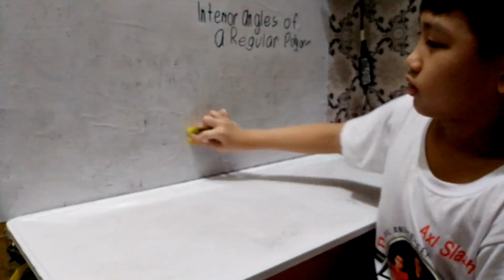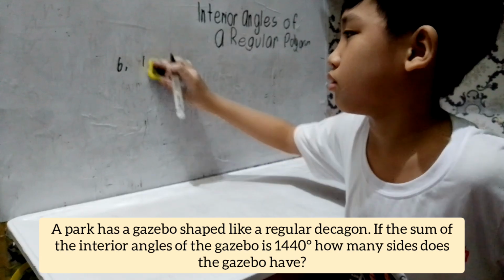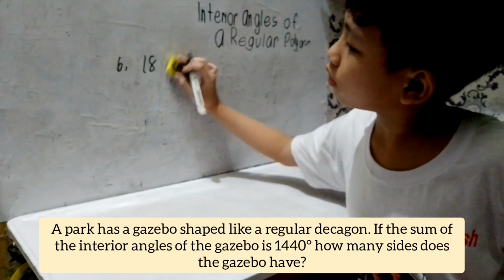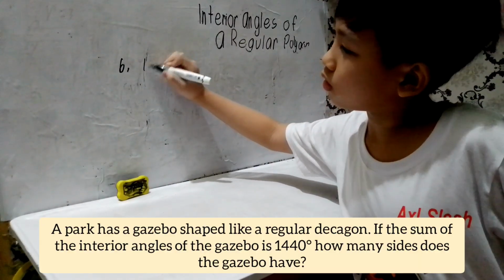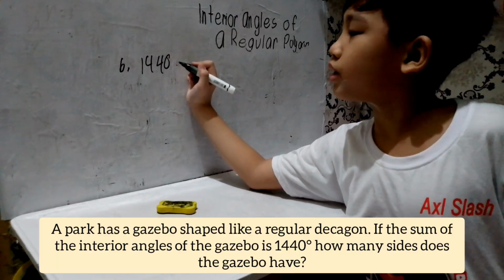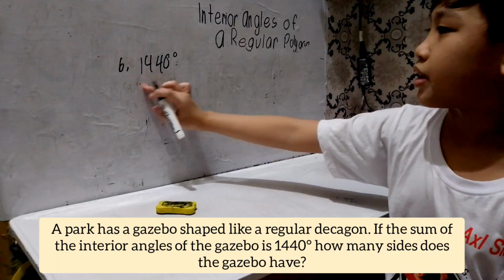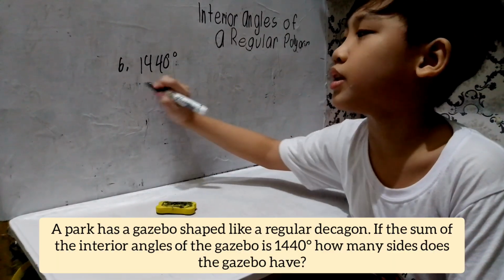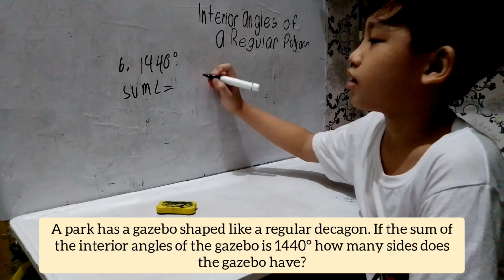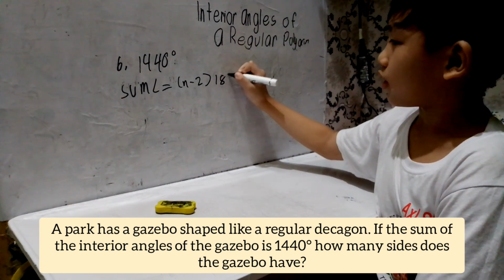Next. A park has a gazebo shaped like a regular decagon. If the sum of the interior angles of the gazebo is 1,440 degrees, how many sides does the gazebo have? We are looking for the number of sides. The sum equals n minus 2 times 180 degrees.